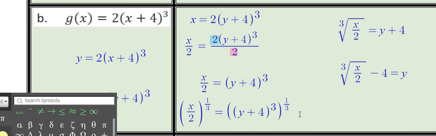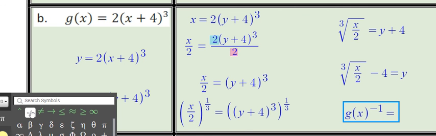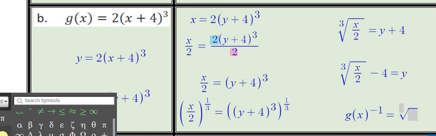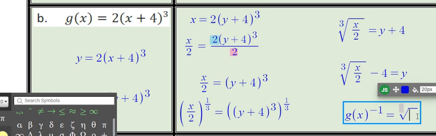Now we go back to our function notation, which is g of x. So the g of x inverse, so raised to the power of -1, equals the cube root of x over 2.